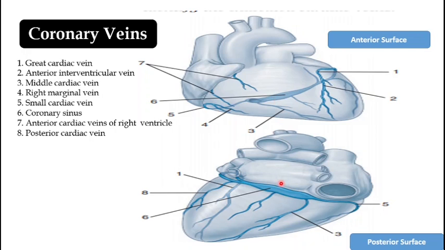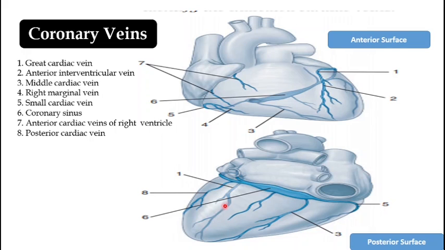Similarly, if we look at the posterior surface diagram, the veins which are shown darker in color are the coronary veins which are present on the posterior surface of the heart, and the veins which are lighter in color are the coronary veins which are present on the anterior surface of the heart.